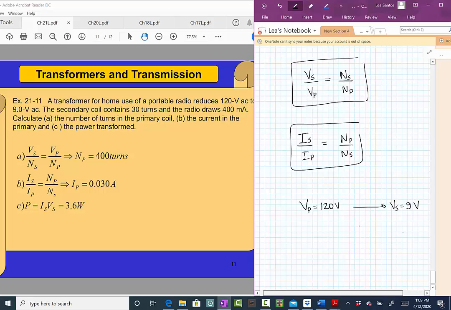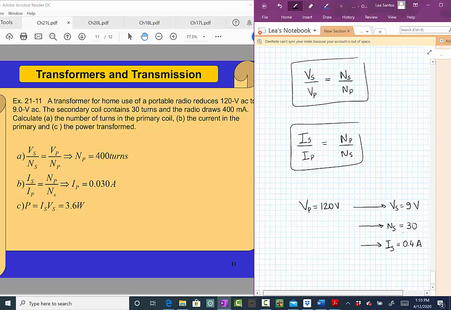They are telling us this secondary has 30 turns, and also this radio draws 400 milliamps. So that also means this is the current of the radio, which is 400 milliamps. Well, we can write it as 0.4 amps. Correct?